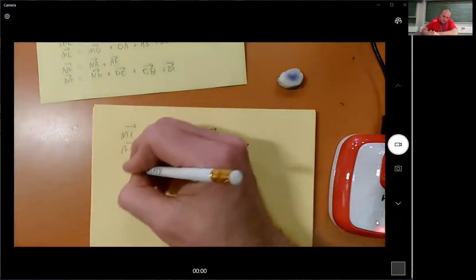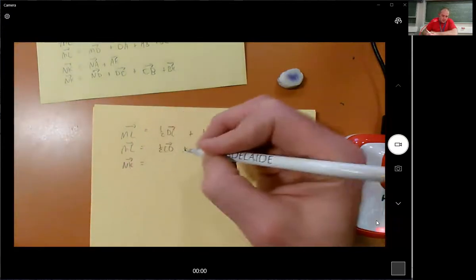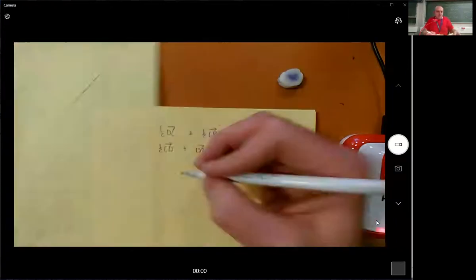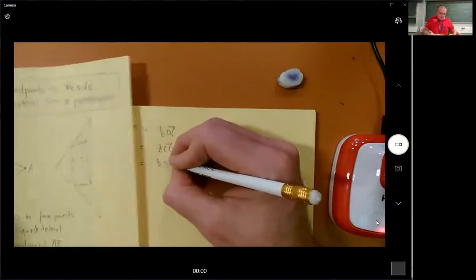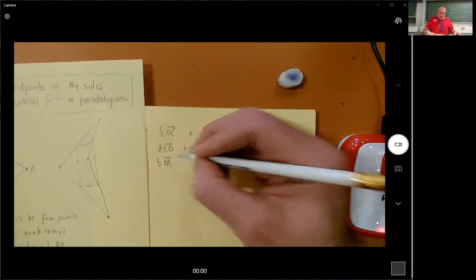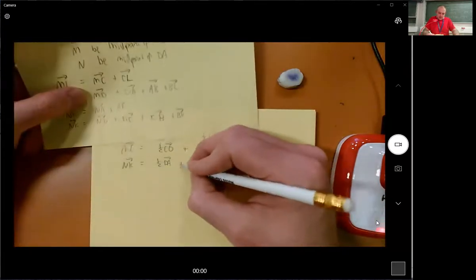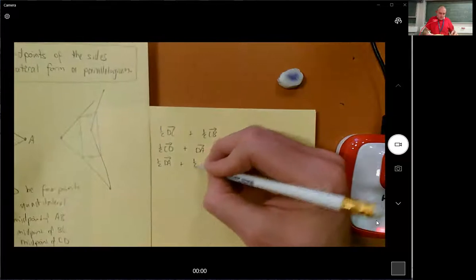And then NK would be NA, which is half of DA, plus AK, which is half of AB.